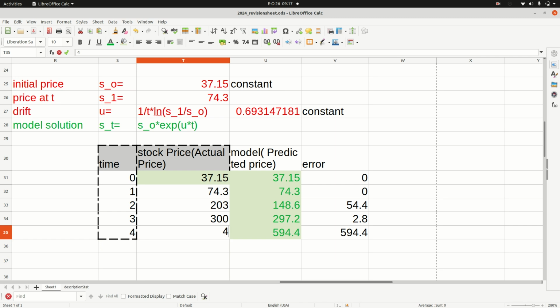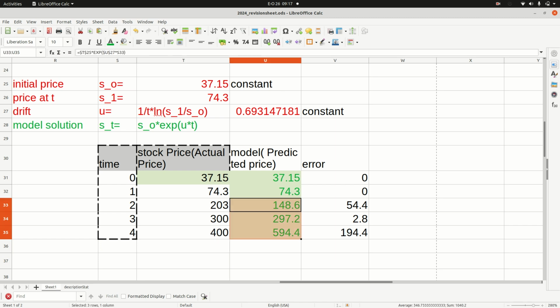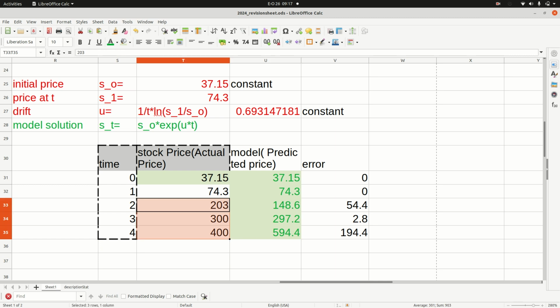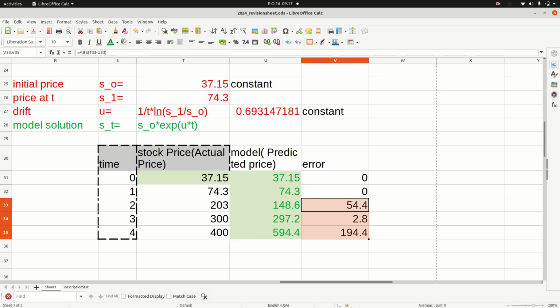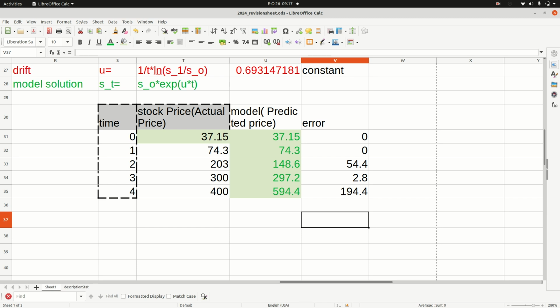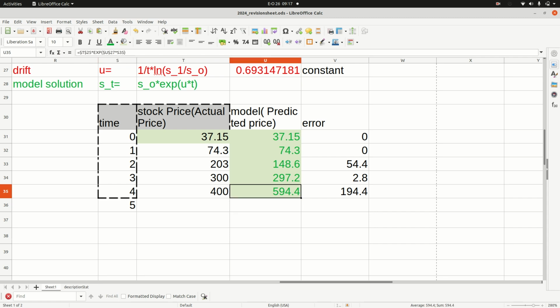Don't worry about the model output here, because these are just not to scale. I have my error margin. I can use this model to predict the next year. So if I want the future price, I come here and drag or double click. If I drag, it should give me the 5th year price. If I want the 8th year and I drag this, it means it's going to use T equal to 8.